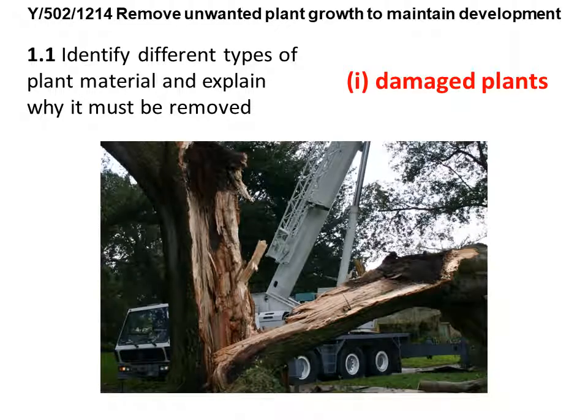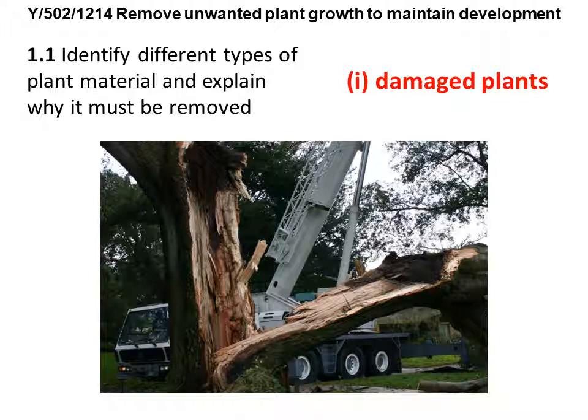So the worst damage that can happen from pruning is when you're taking off a heavy lateral growth, and that's when it takes all of the bark all the way down to the root or the base of a tree. This is usually seen on trees or very large shrubs. But damaged material can be there in all sorts of ways: through wind, or through heavy snow that has laid on branches, or diseased growth that has become really weak and has broken.